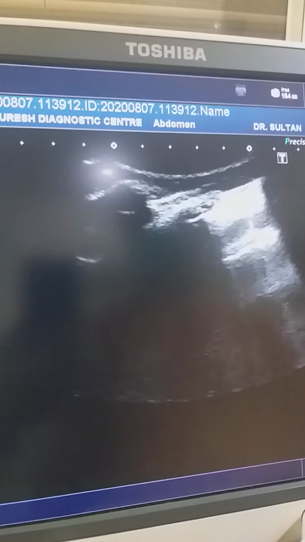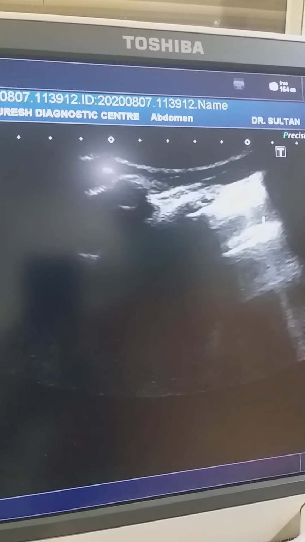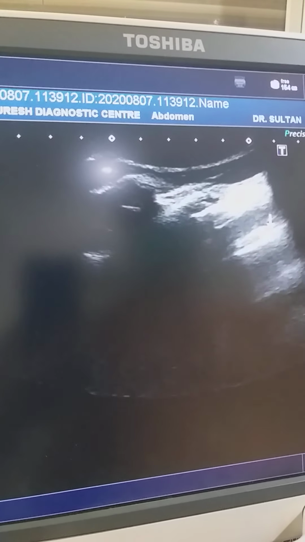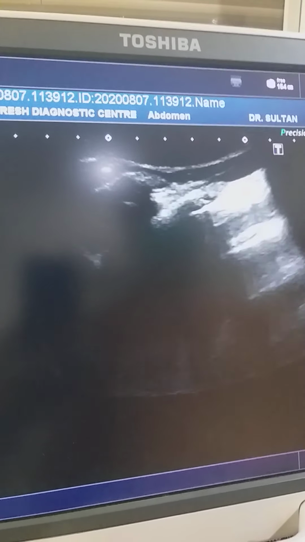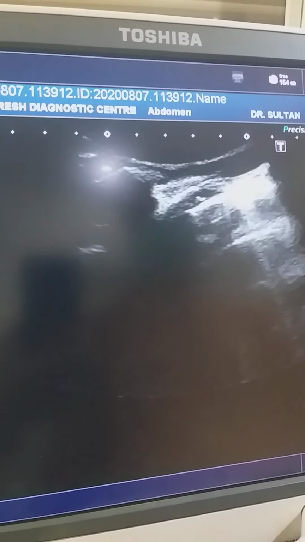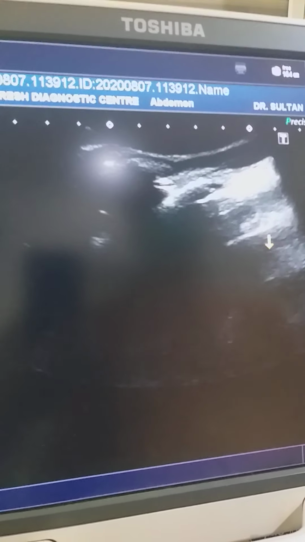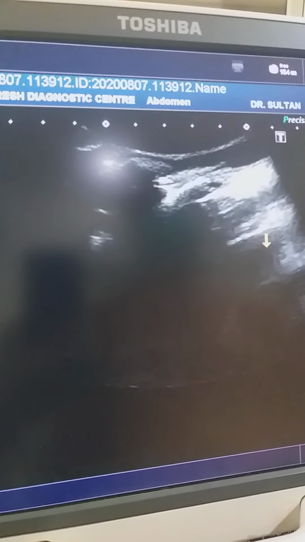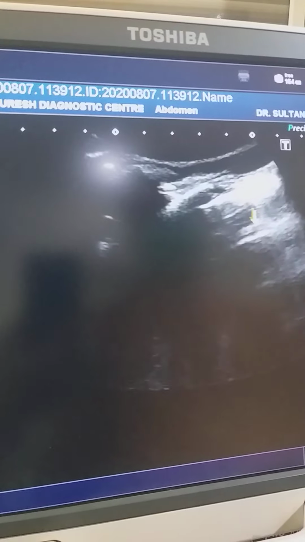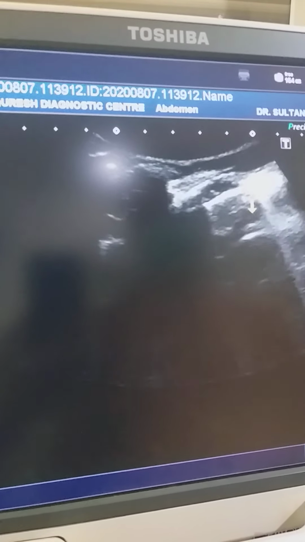Actually, the lung ultrasound is based on the artifact generated by the pleural line or due to the lung parenchymal process, disease process or healthy process.